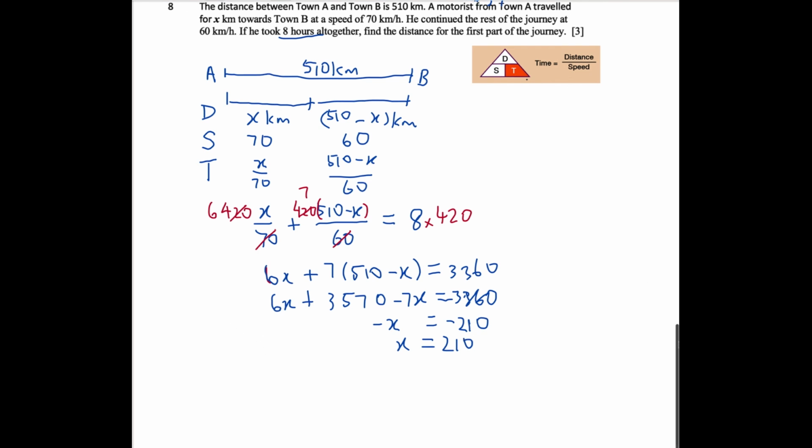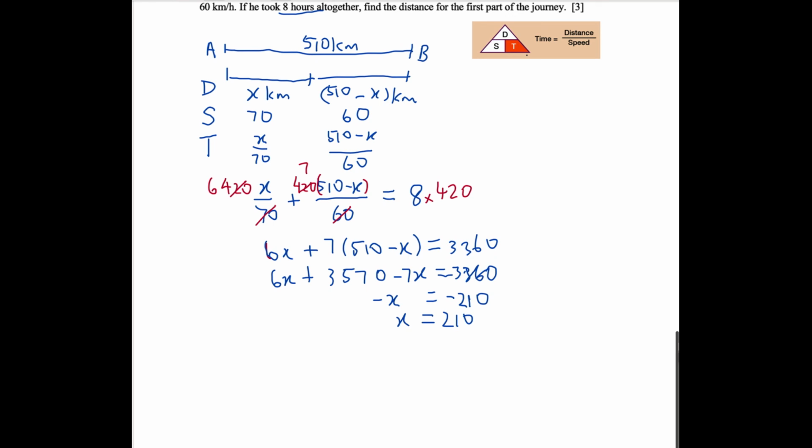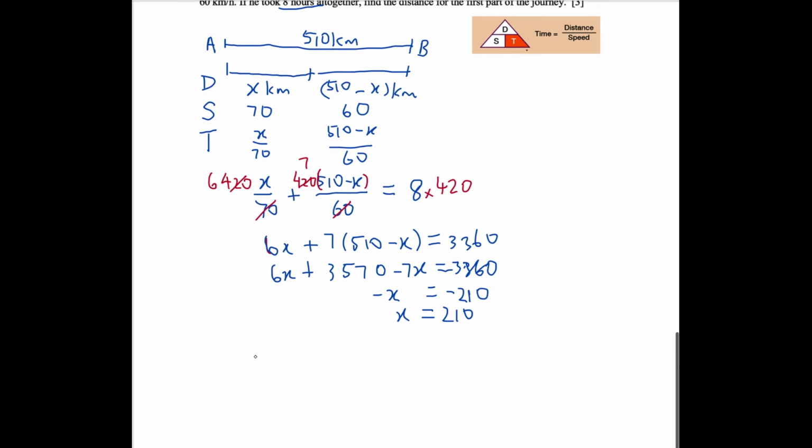So now we need to end off with a statement to find the first part of the journey. The first part of the journey is x. So we say first part of journey is 210 kilometers.